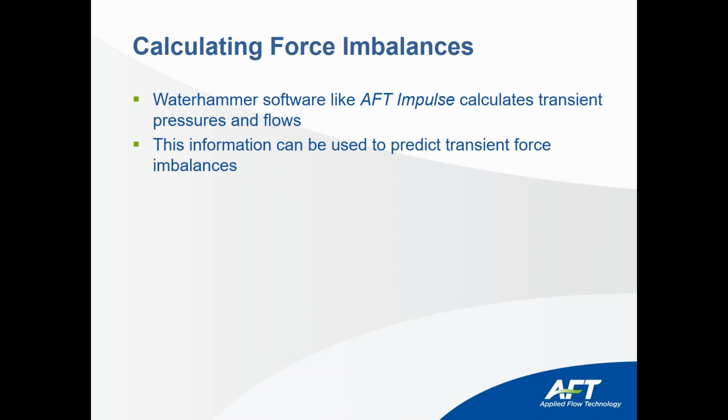This is very useful when you're using ANSI B31.3, because the code does not refer to a limit on the surge pressure like B31.4. In the case of B31.4, it has a limit for the stress that the pipe is subjected to.